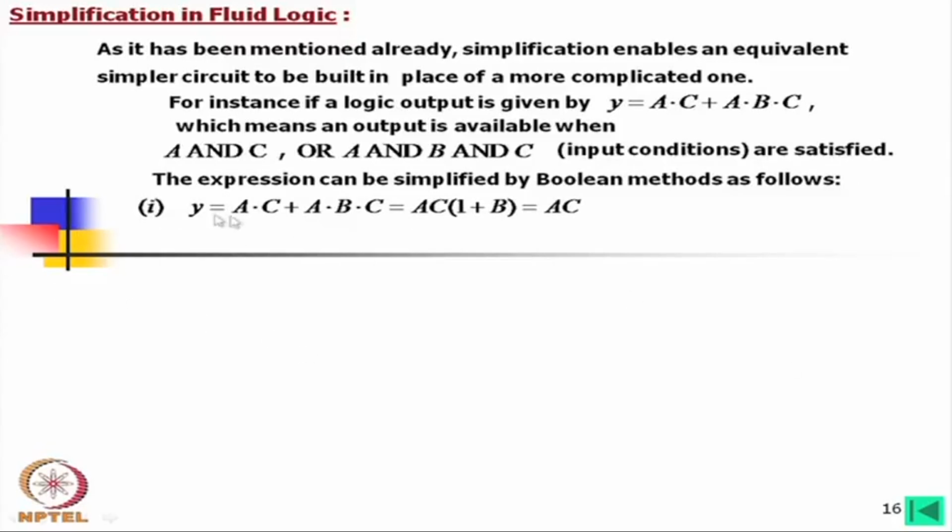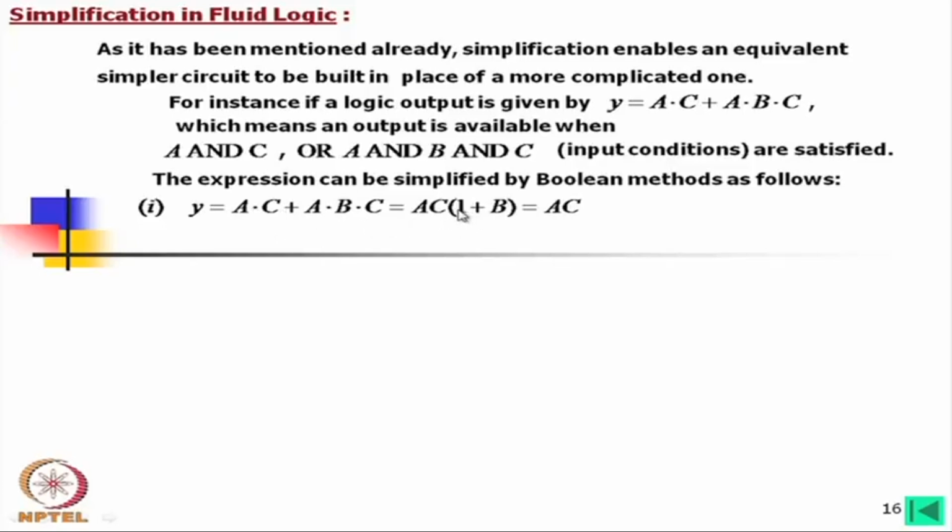Now, you see how we are simplifying this. Y is equal to, while you are simplifying, you just remember this thing. When writing this equation, you may omit this dot: AC plus ABC, no harm. Then you can take it like ordinary algebra, you can take AC common.